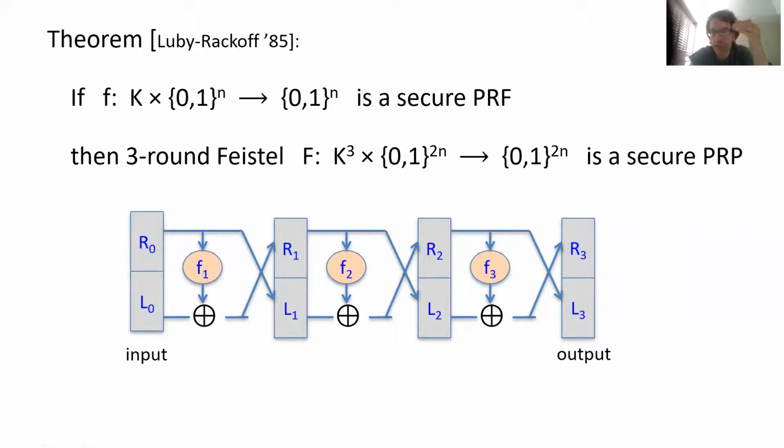It's an asymptotic notion. When instantiated with security parameter n, an algorithm which asks a number of queries which is polynomial in n cannot tell outputs from random strings.